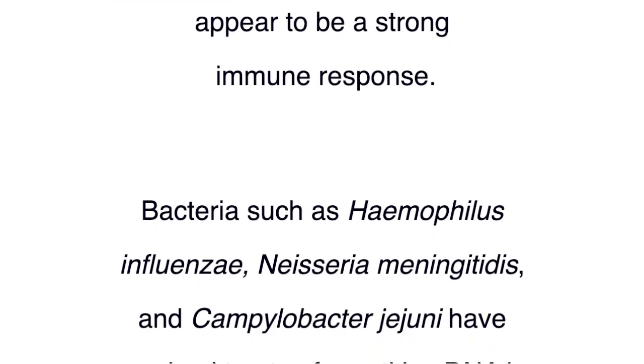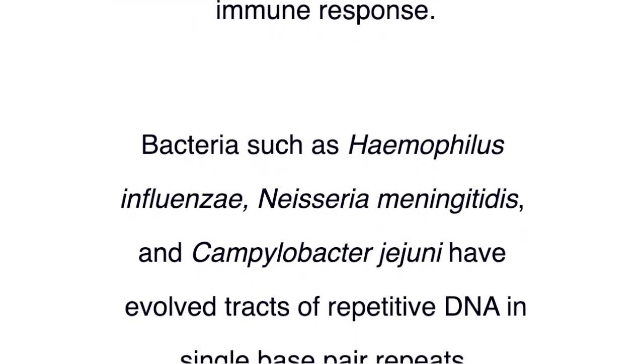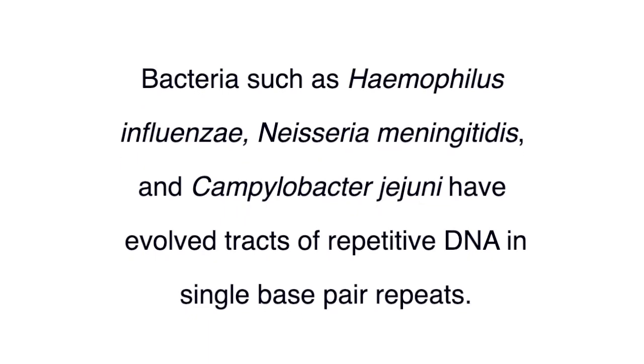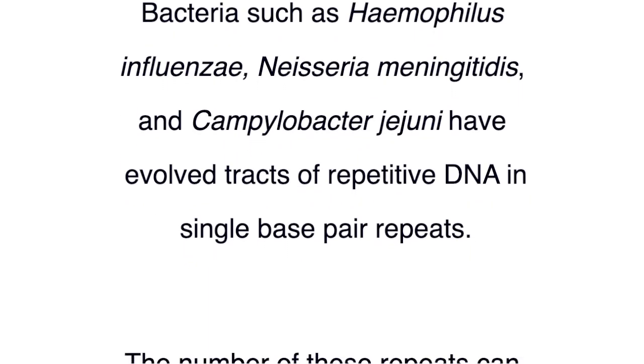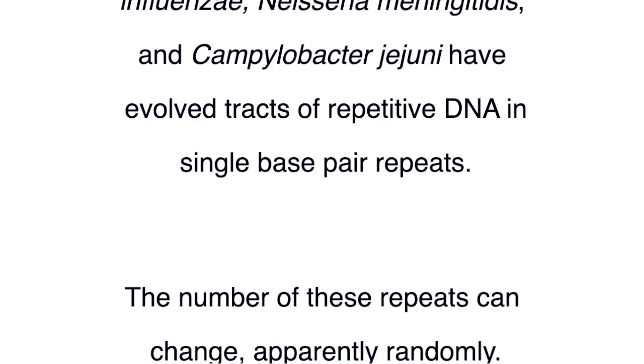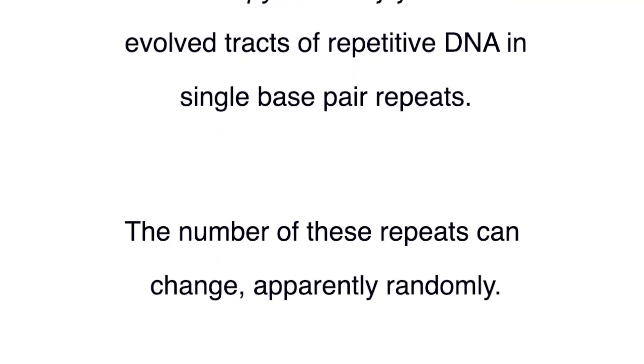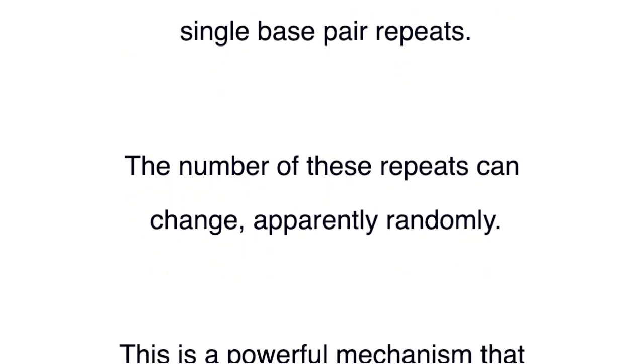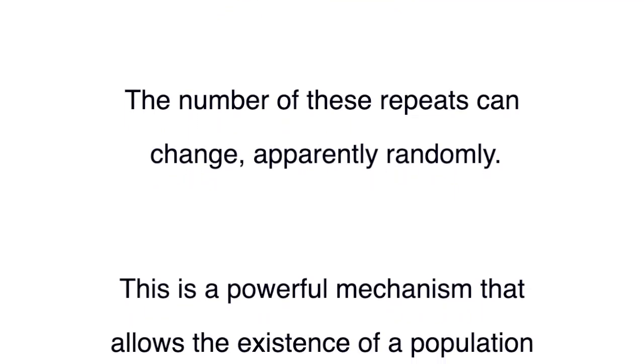Bacteria such as Haemophilus influenzae, Neisseria meningitidis, and Campylobacter jejuni have evolved tracts of repetitive DNA in single base pair repeats. The number of these repeats can change apparently randomly.